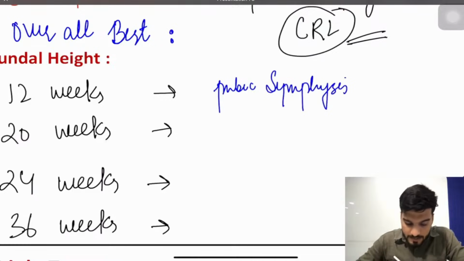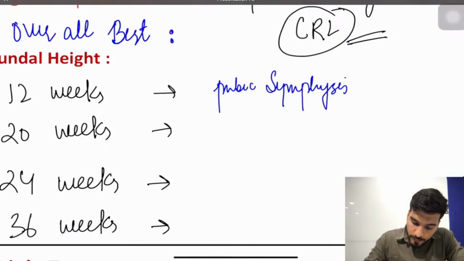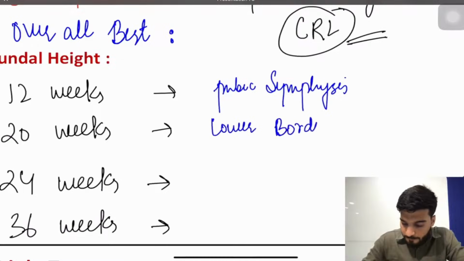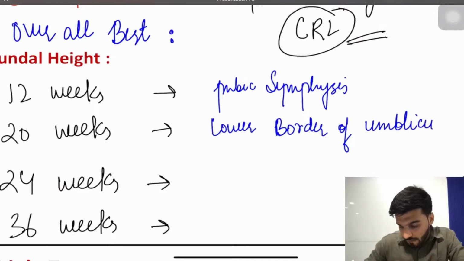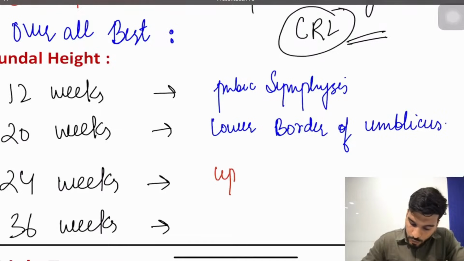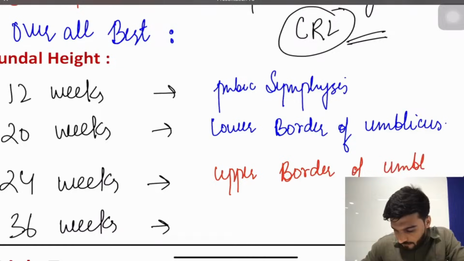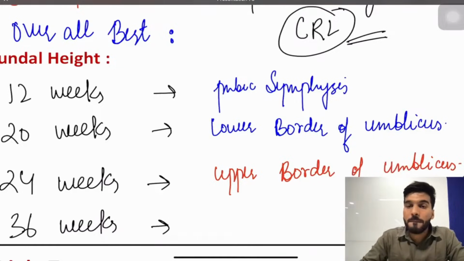So at 12 weeks it is pubic symphysis. At 20 weeks it is the lower border of umbilicus. At 24 weeks it is the upper border of umbilicus.